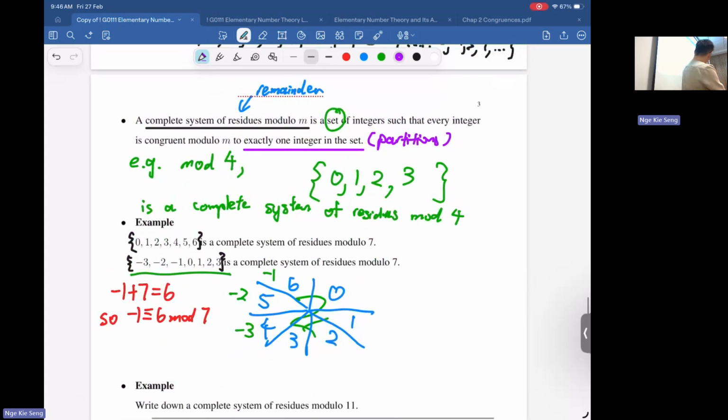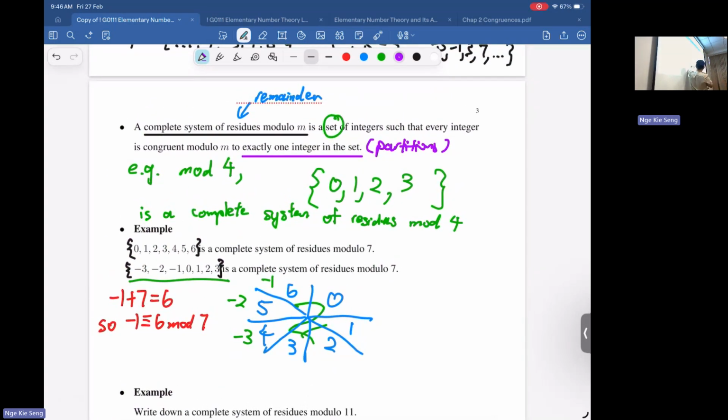Notice that one number cannot sit at more than one slice of the cake. You cannot have two different remainders after you get divided, and you can only sit at exactly one. Either you are divisible or you are not. If you are not, you have a certain remainder.